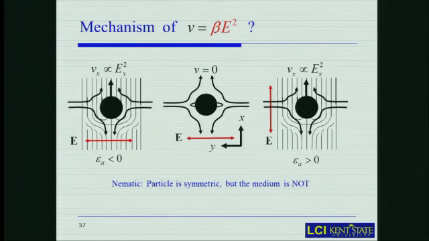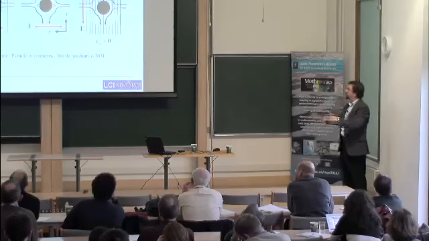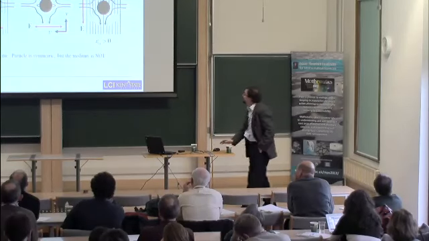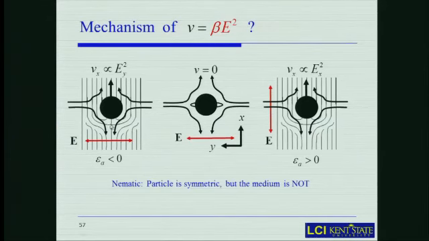And so what's the mechanism? The mechanism is in the fact that the sphere distorts the director around itself, and these distortions break the symmetry of the medium. In the simplest case, when you have a point defect that compensates the radial configuration about the sphere itself, when you apply an electric field, you set ions into motion, and ions move in a fluid that is anisotropic.